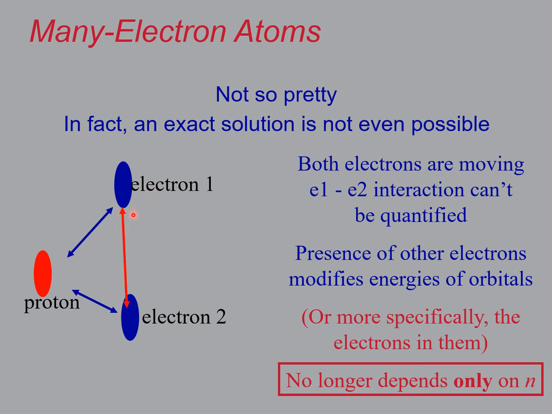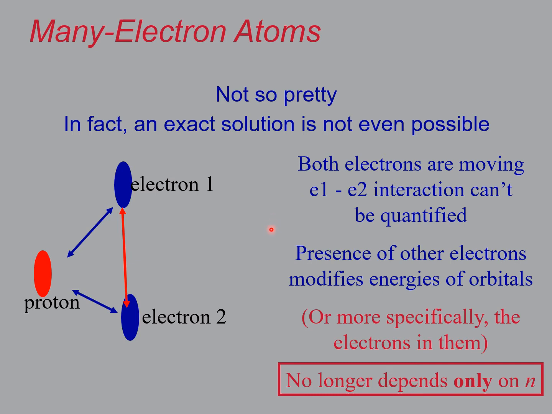So you've got 3 forces here. You have the attractive force between the positively charged proton and the negatively charged electron number 1, the positively charged proton and the negatively charged electron number 2, and the repulsive interaction between the 2 electrons. And that's the one that is tricky because these guys are constantly moving. So this one can't be quantified.